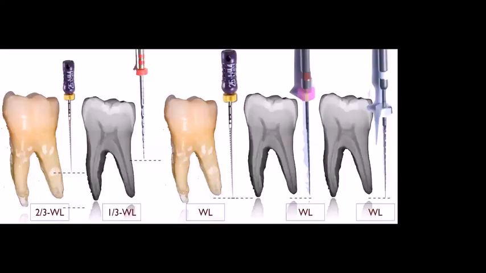So, when the 13 path file can reach the apical third, we are going to use the 16, and we do the same procedure. We introduce it, and we can see that the file goes deeper and deeper. At the moment that the file cannot go deeper, remove the file, clean the flutes, and introduce it again inside the root canal.